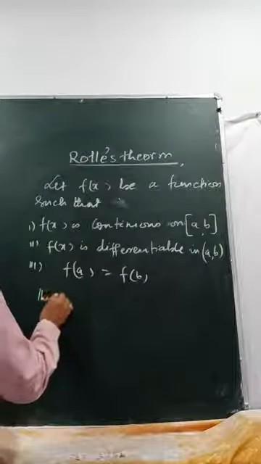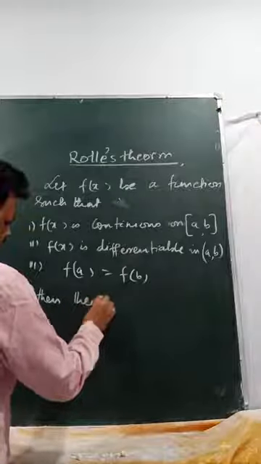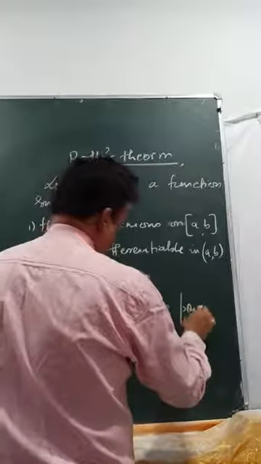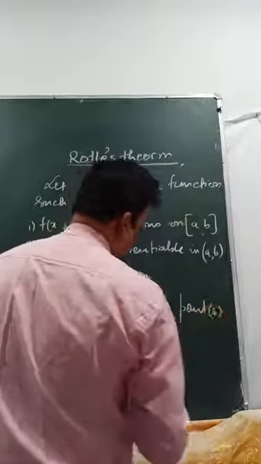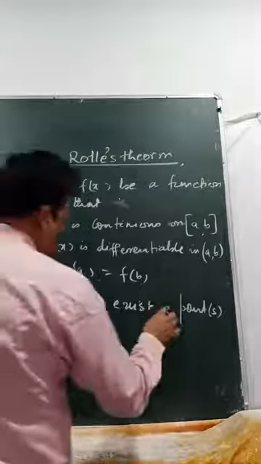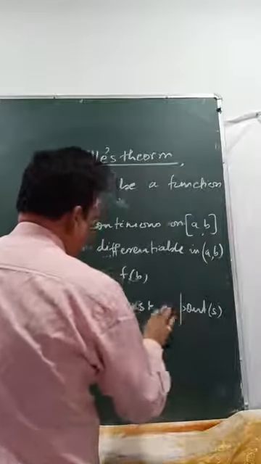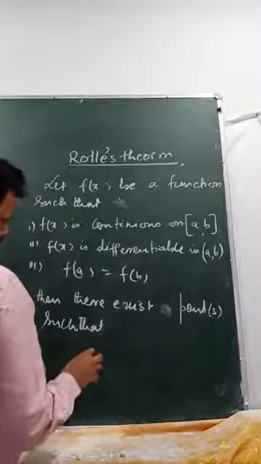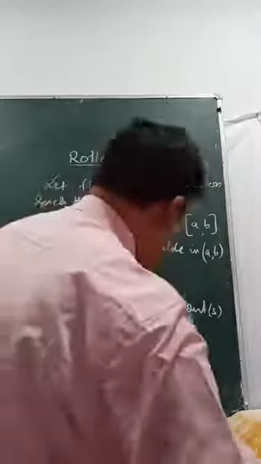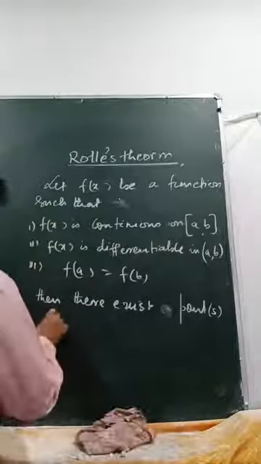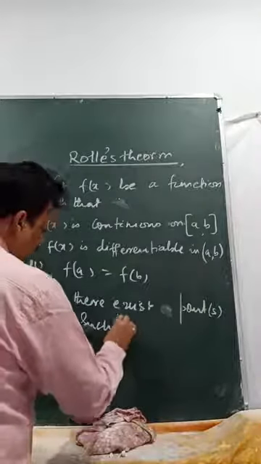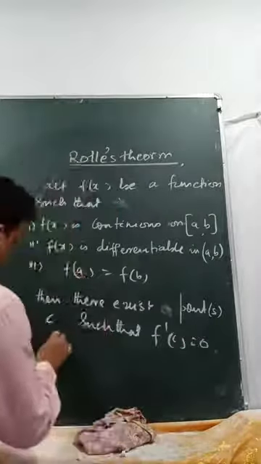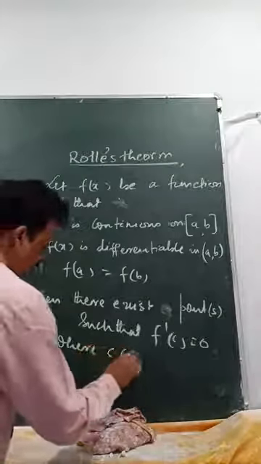Then there exists a point or points such that f dash c equals 0, where c belongs to (a, b).